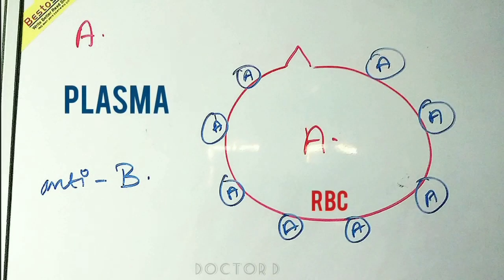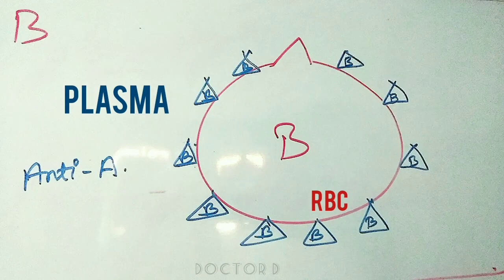So, if a person has blood group A, his RBC will have A antigens, whereas his plasma will contain anti-B antibodies. Similarly, if a person has B blood group, his RBC will have B antigen and his plasma will have anti-A antibodies.